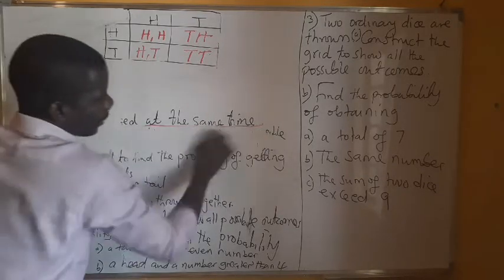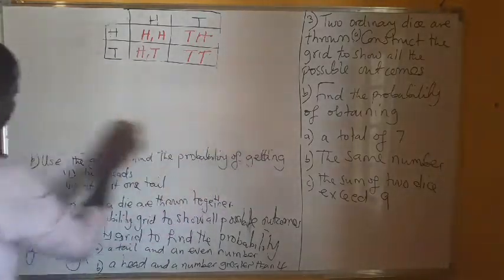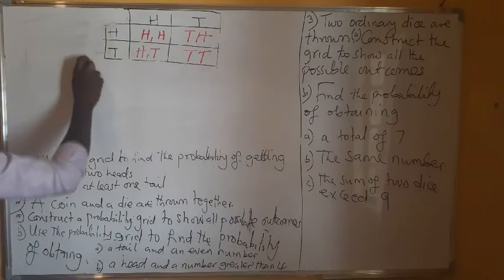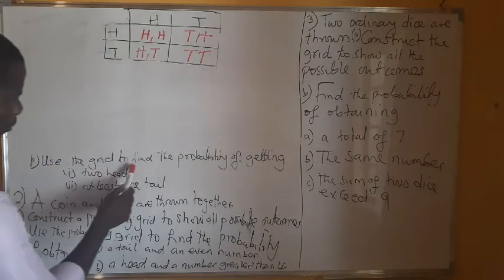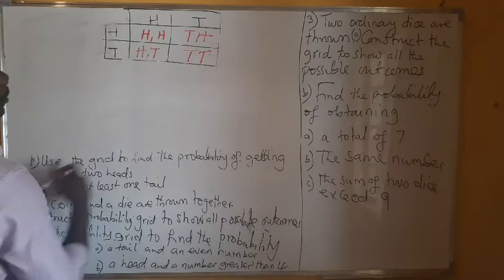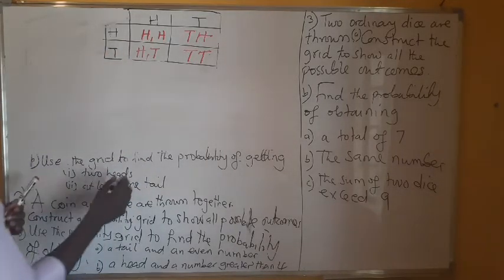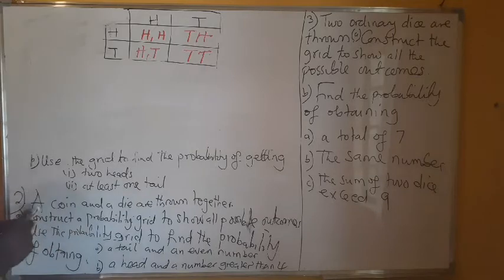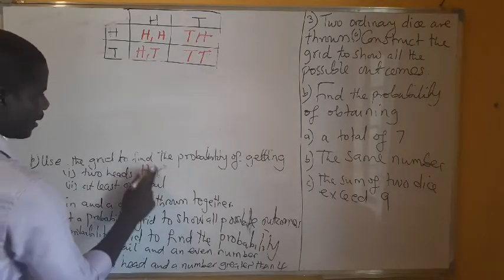Then we need to handle the subsequent questions using the grid that we just constructed, right? So use the grid to find the probability of getting two heads. Two heads is talking about head and head.